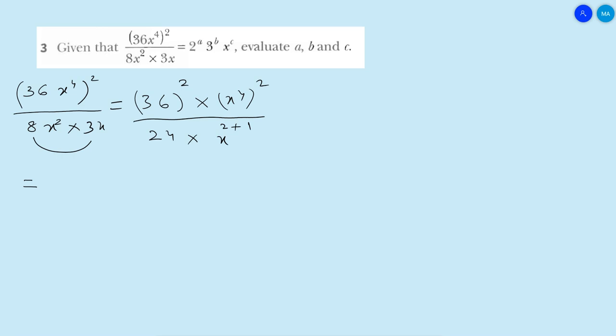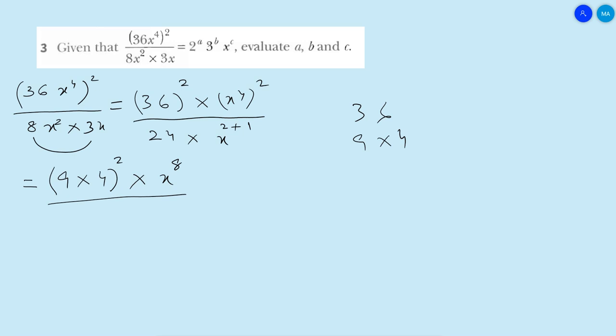This is 36. Can we write this 36 in terms of 9 into 4? So 9 into 4 is 36, and this 4 and 2, both powers will multiply each other, x^8, upon this is 24.